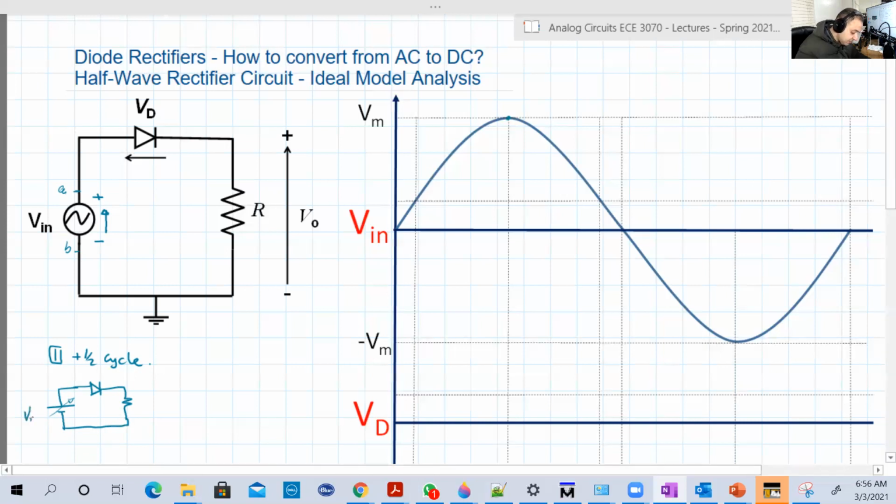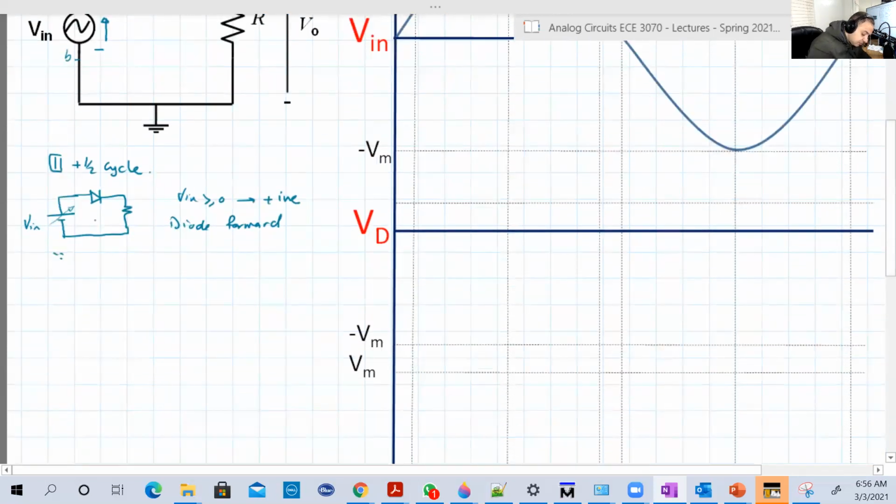So in that case, since the input is greater than 0 all the time, we can say that the diode is forward biased. Now, since it is an ideal diode, the diode is on. So VD is equal to 0.